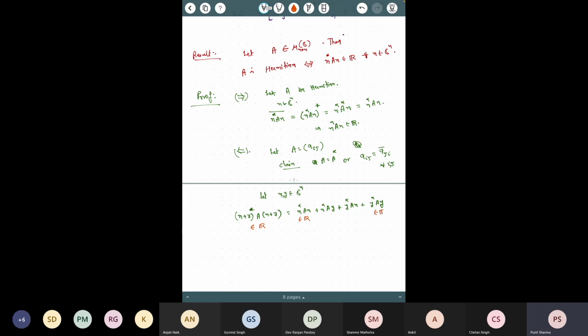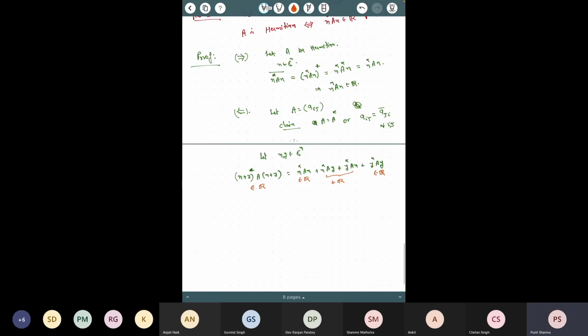Similarly, y star Ay is also in R by assumption. So the left hand side is in R and these two terms are also in R, so this term is also in R. This implies that x star Ay plus y star Ax is in R for all x, y in Cn.